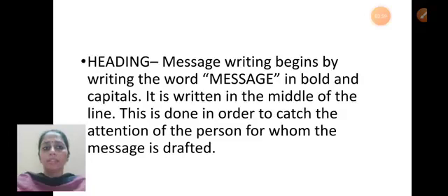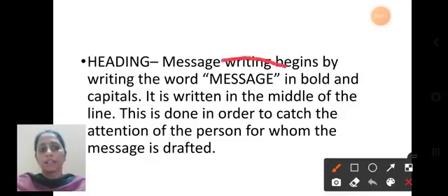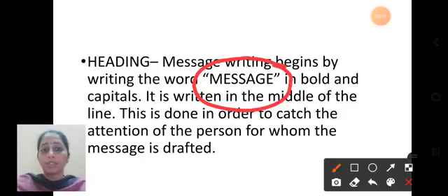To begin with, we have the heading or the headline. Message writing begins by writing the word message in bold and capital. So, can you see this? You will write the word message, that too in bold and capital.